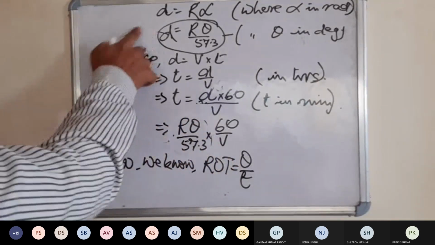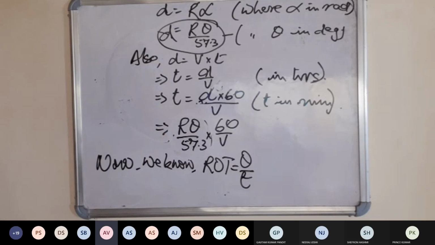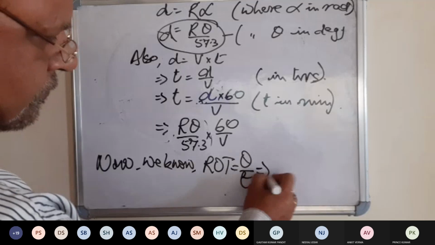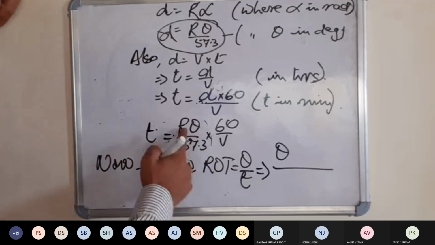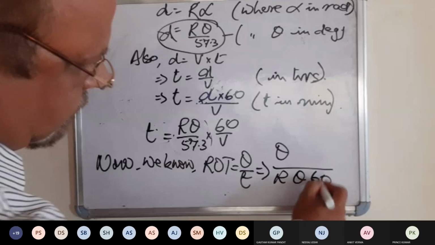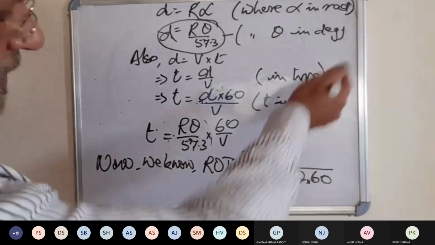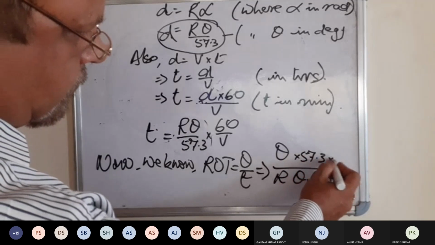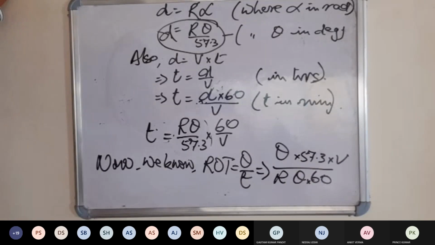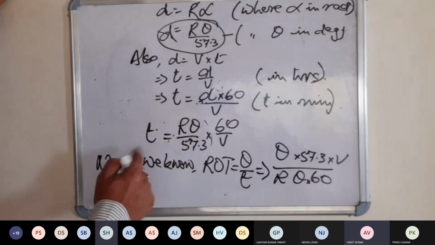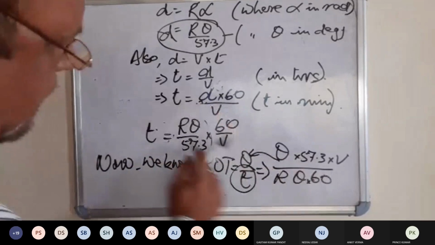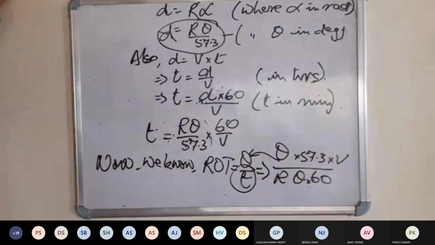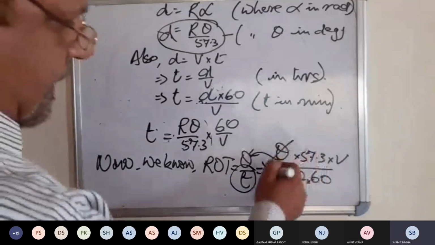ROT is equal to theta by T. Is that correct or not? Correct, sir. Dividing theta by this T, because T is equal to so much, the 60 goes up here, and the 57 V from below goes up. Correct? We divided theta by T, so theta remains, the value of T is placed here, so these things come down and the lower one goes up. So theta, theta cancel.